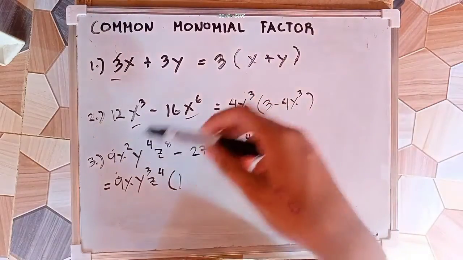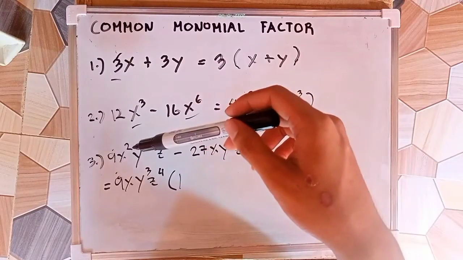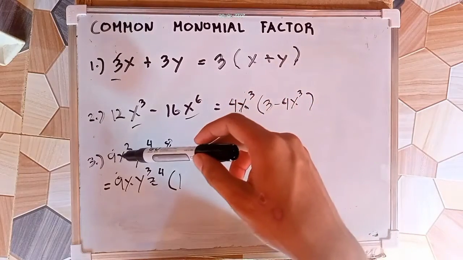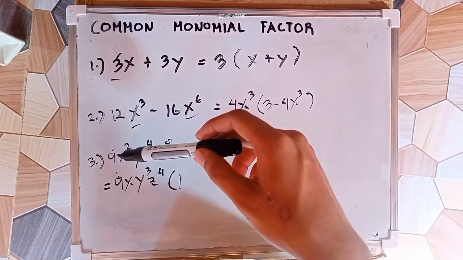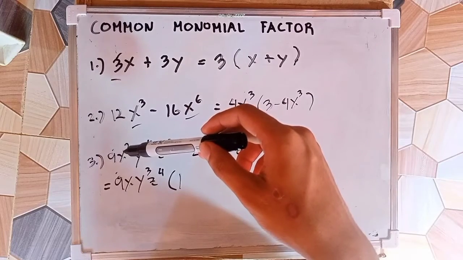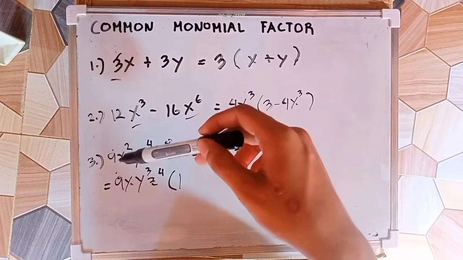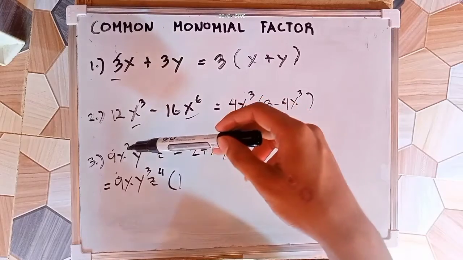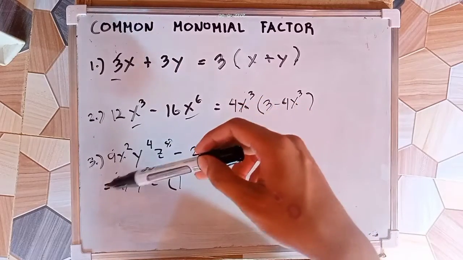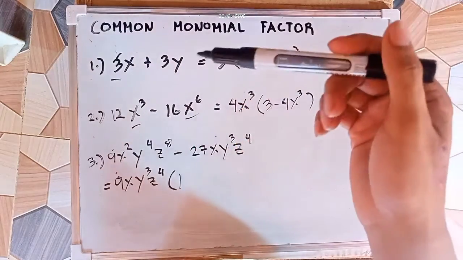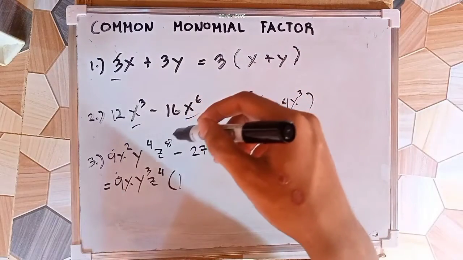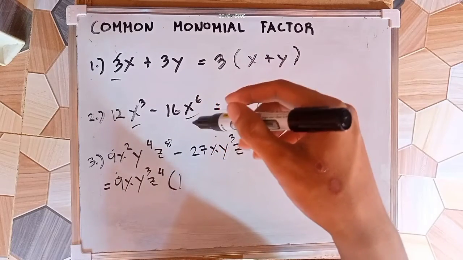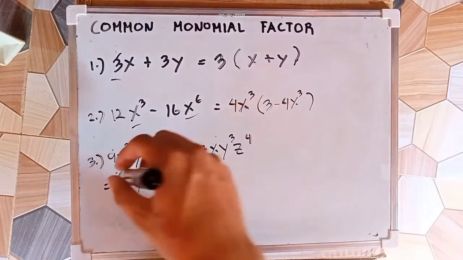Then our variable x cubed divided by x squared. Remember that for variables, we just subtract their exponents.